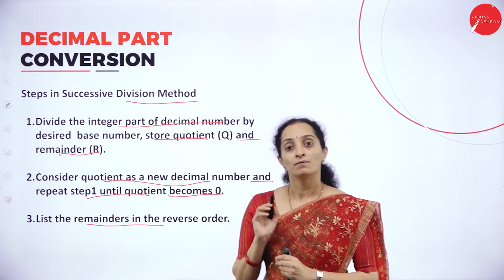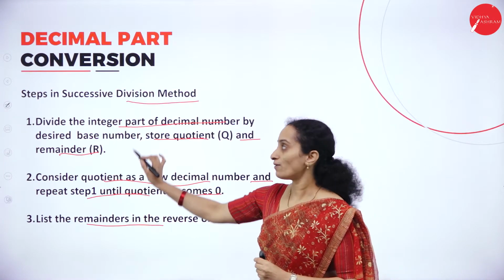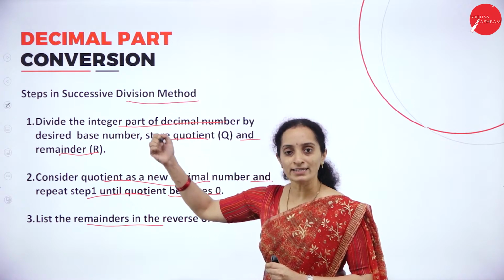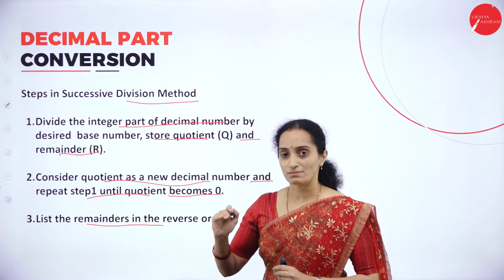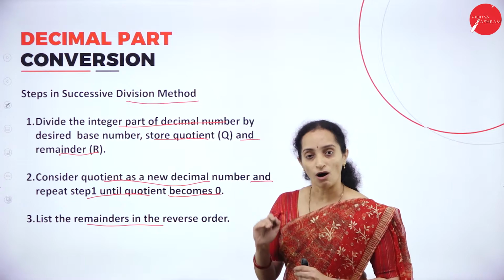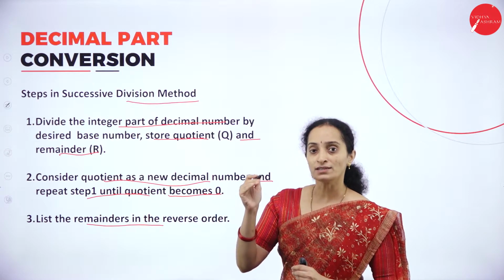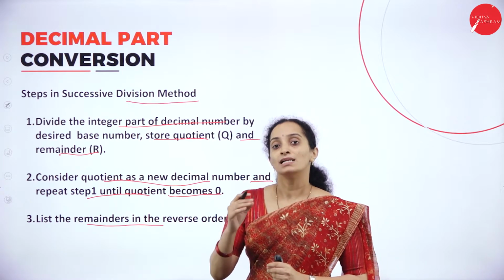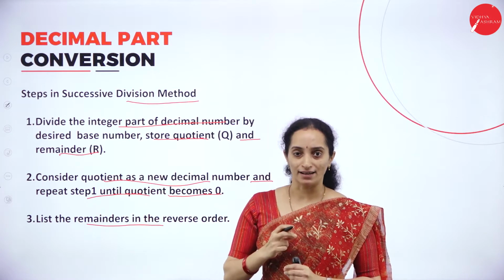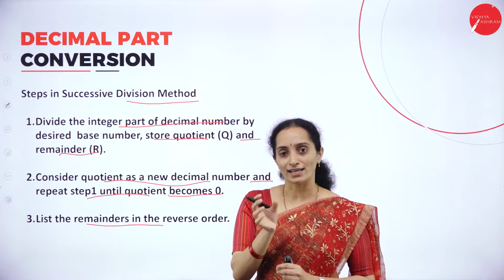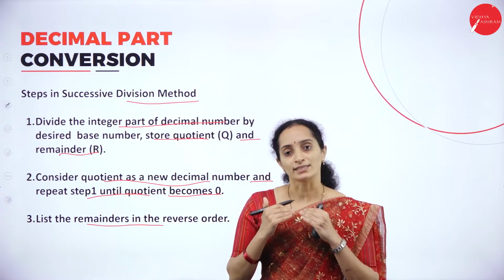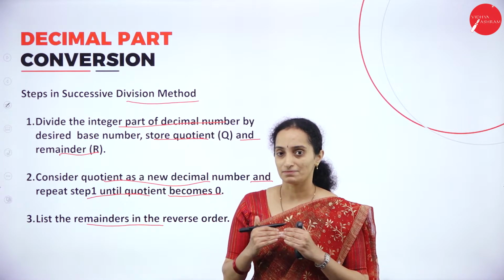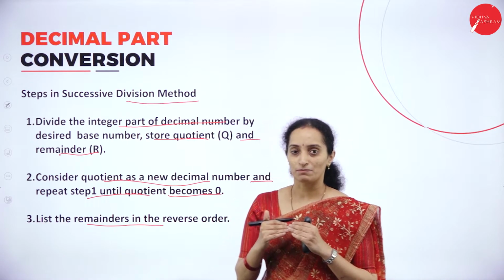The quotient must become 0. We have to successively divide the number until the quotient becomes 0 or the quotient becomes less than the base value. If the quotient becomes less than the base value, we can stop the division. That is one thing to be remembered.